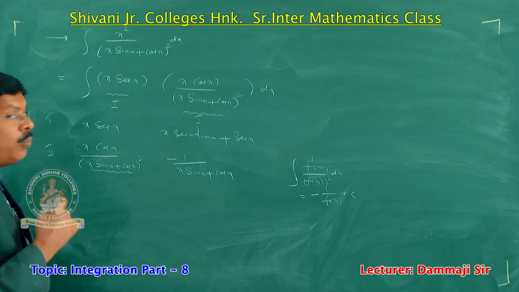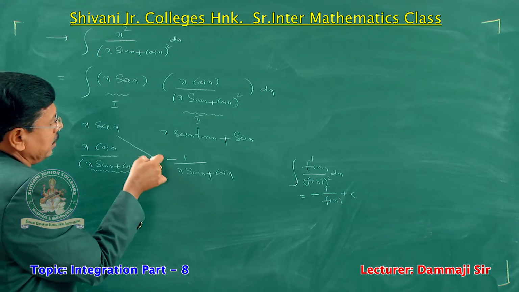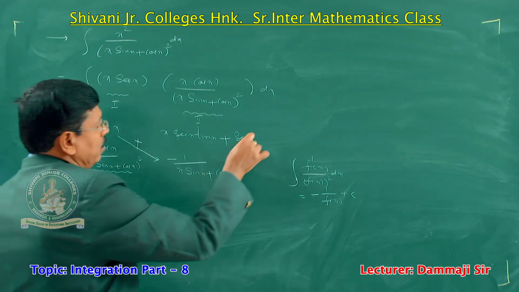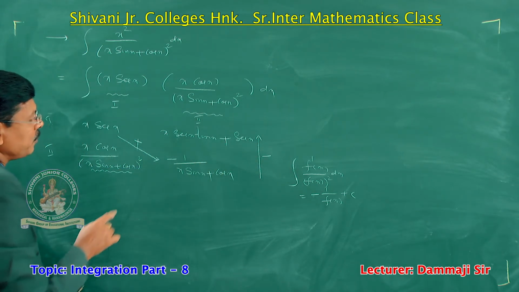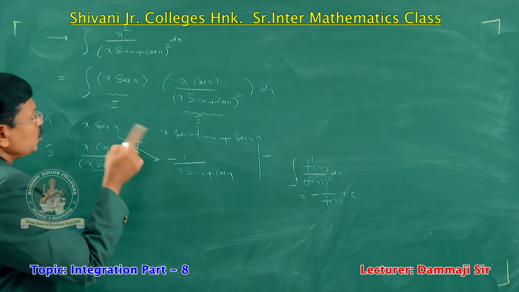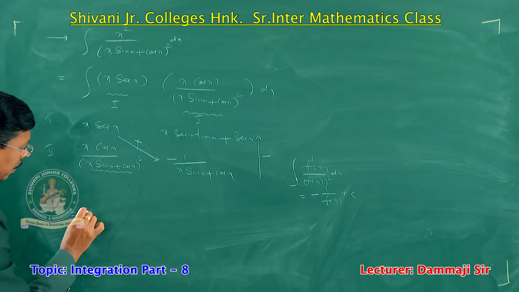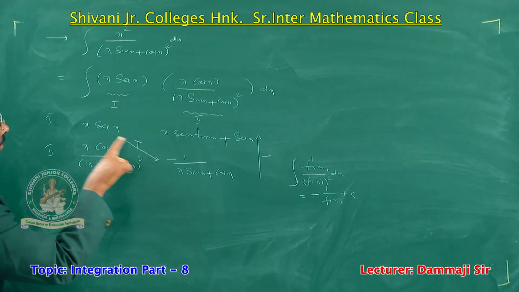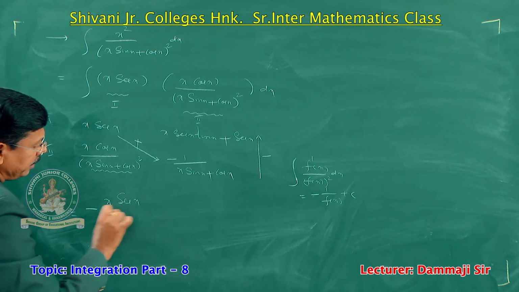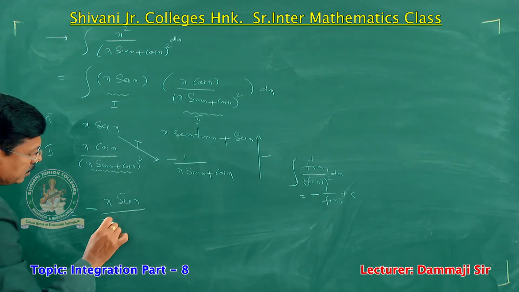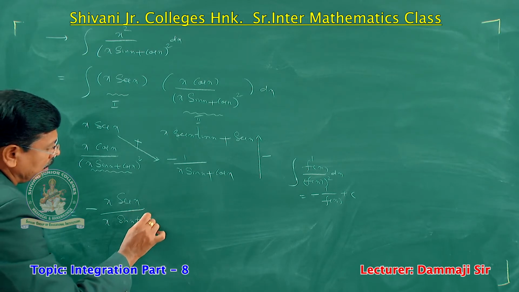Fine. What about the next process? You know very well, it is plus, right? The next term, minus. Product of these two functions, right? Plus of minus sum result minus minus. Numerator x secant x, fine.